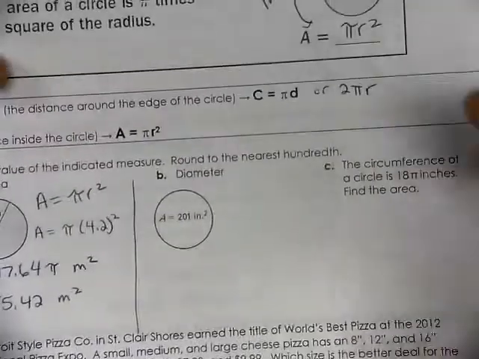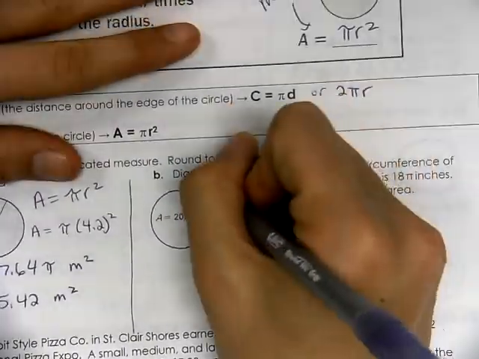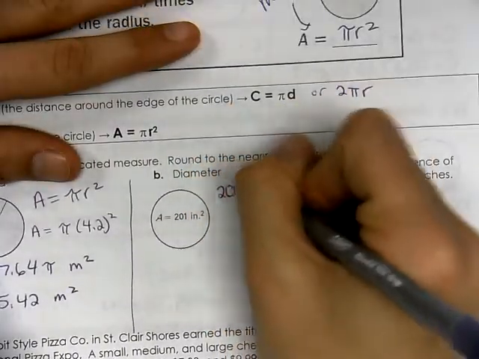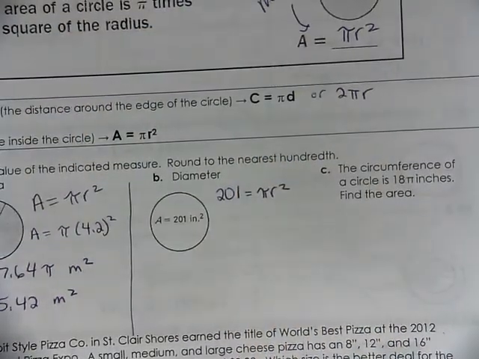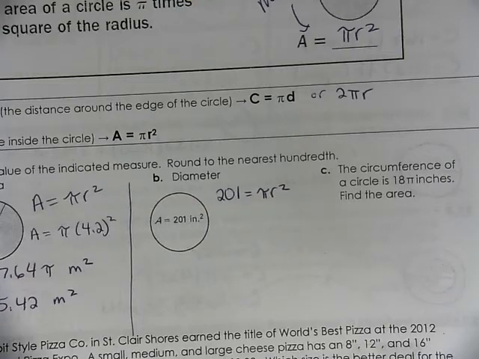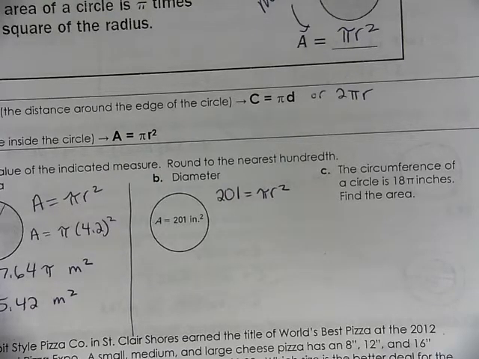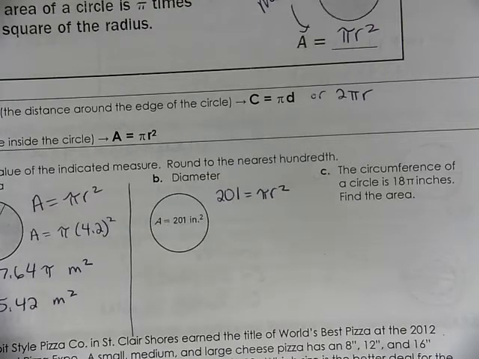Okay? So make the 201, just like we did yesterday, equal to pi r squared. What would be my first step? What do you think? Should I divide by pi or should I square root? I'm going to divide by pi first.